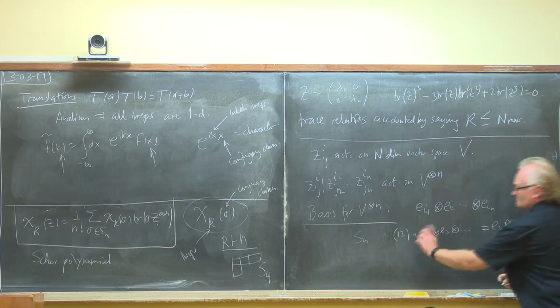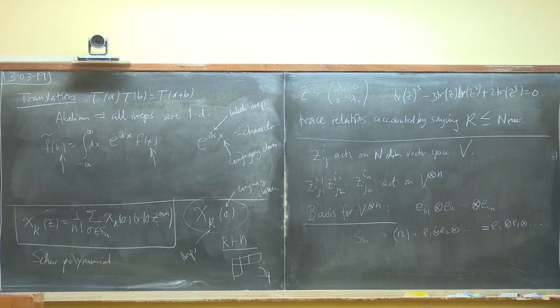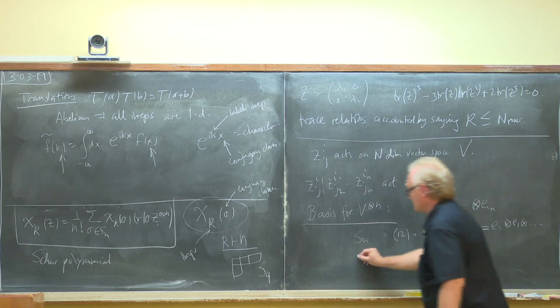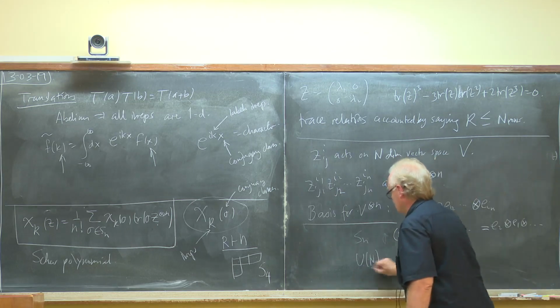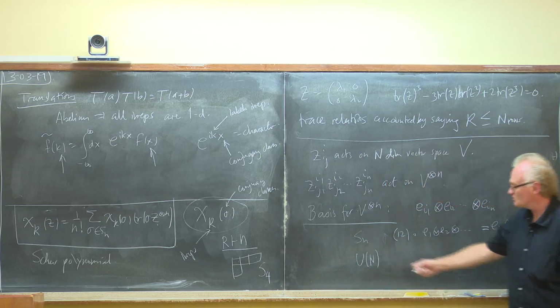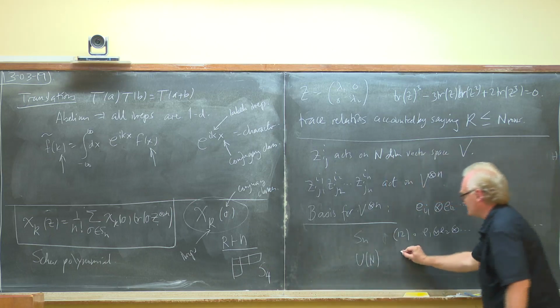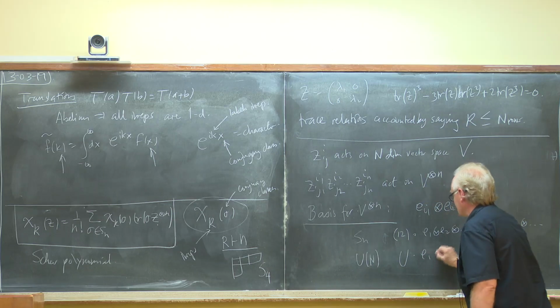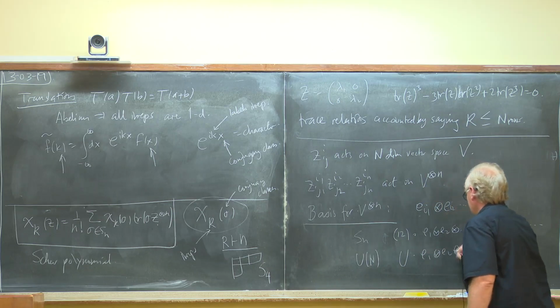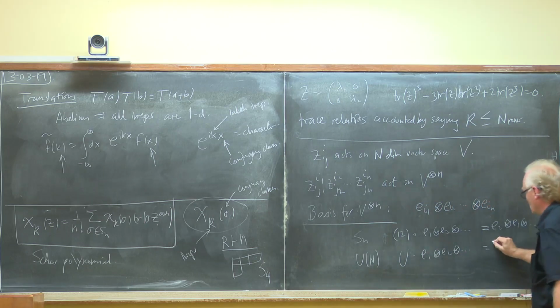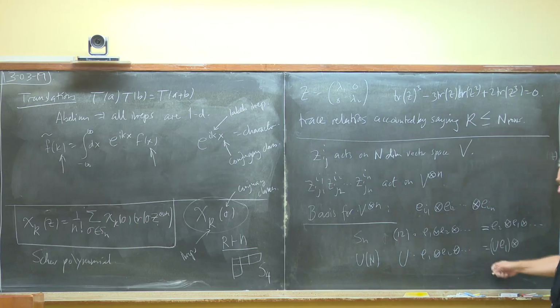So S_n acts by permuting the vectors. We can also put in an action of U(N). If I take some element of U(N) and act on the same vector, all it will do is act with the same matrix U in every single slot.